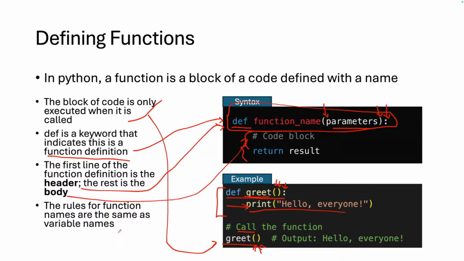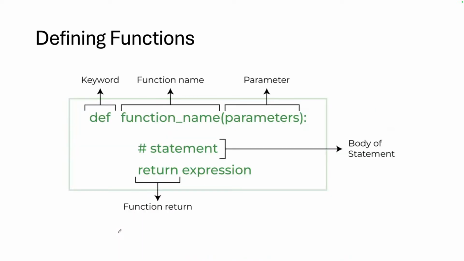Let's look at this again, because there was a lot of red on that slide. So here we have the def keyword that's telling Python that we're going to define the function. Here we have the function name. Here's where we pass any parameters, and we're going to talk about what a parameter is. And then this is the body of the statement.